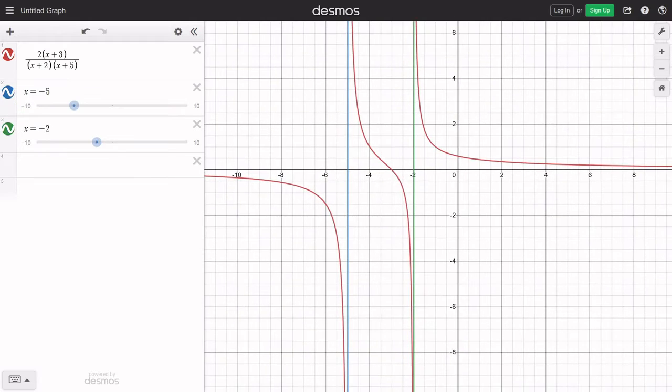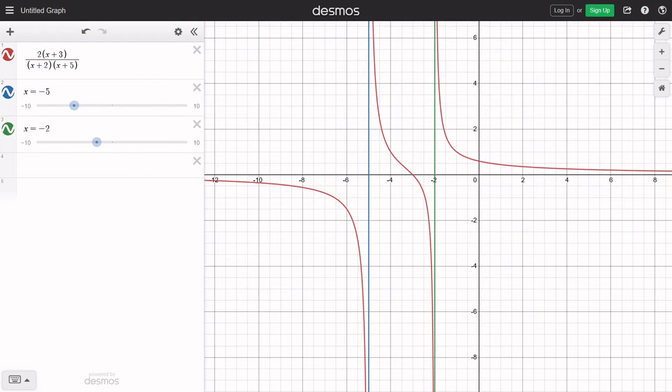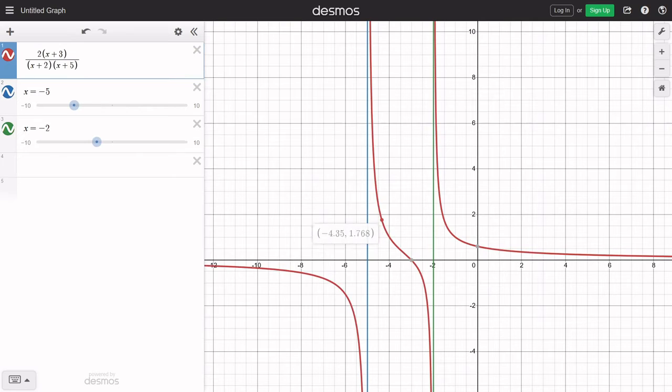If I plot these, they are vertical lines. And you'll notice that as the x-coordinates get closer and closer to the asymptote, the function shoots downwards to negative infinity on the left-hand side. On the right-hand side, it shoots upwards to positive infinity.